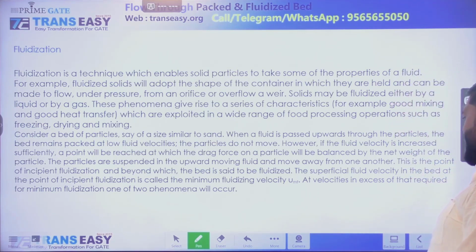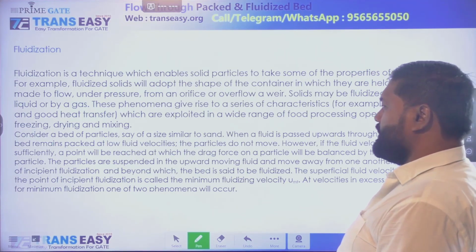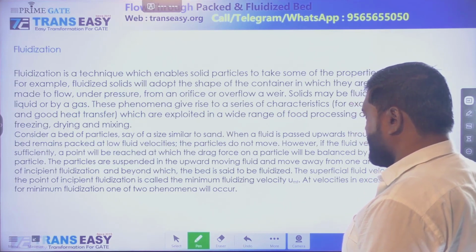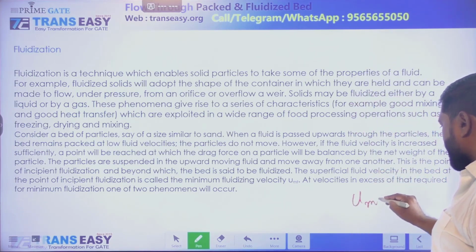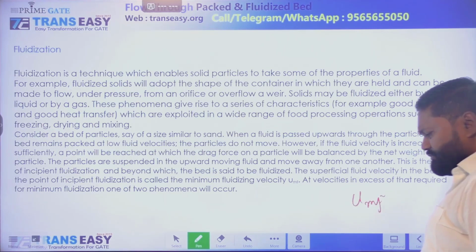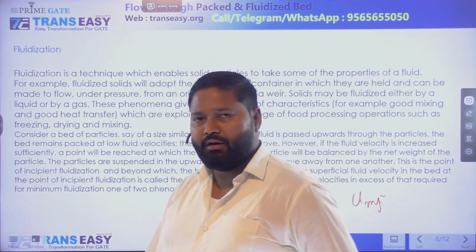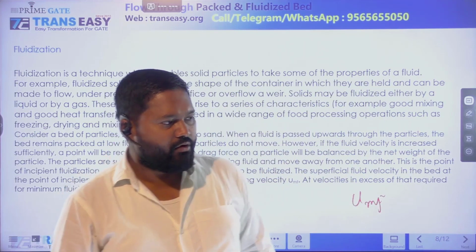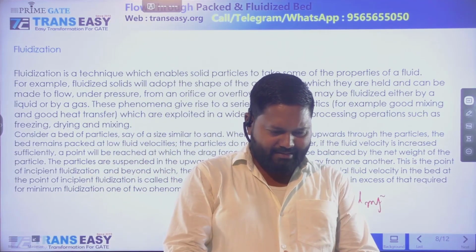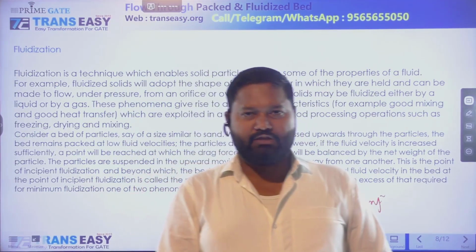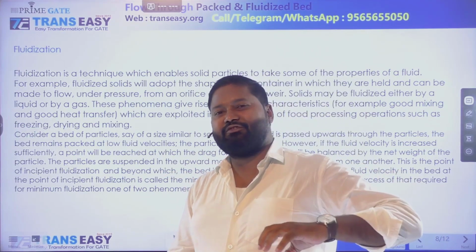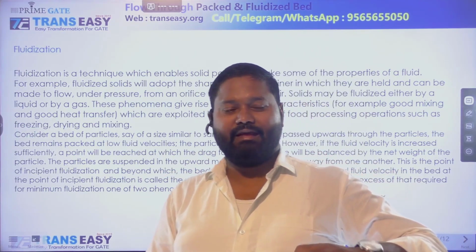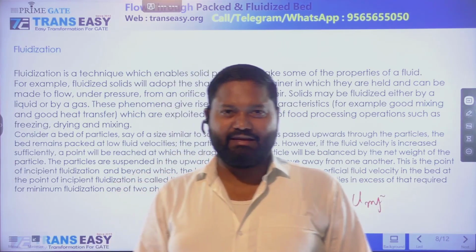The superficial fluid velocity in the bed at the point of incipient fluidization is called the minimum fluidizing velocity, UMF. This is minimum fluidizing velocity where particles are just starting to move in upward direction by overcoming its weight with aid of drag force acting in upward direction.